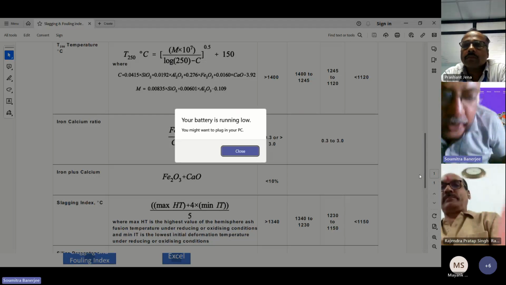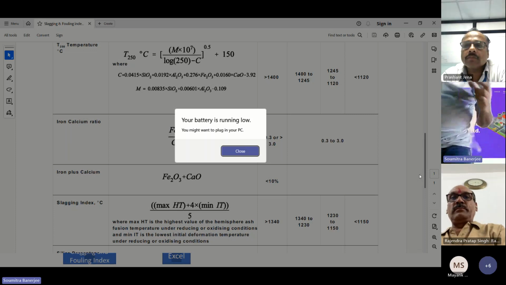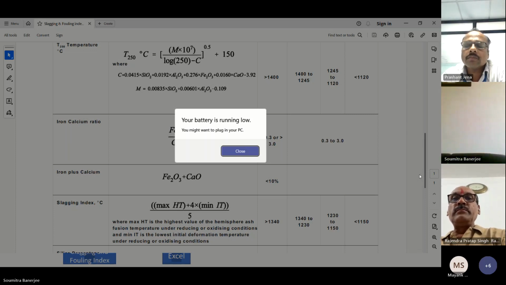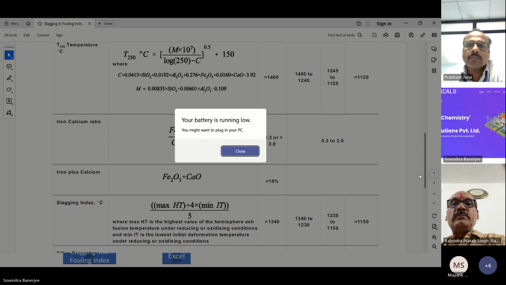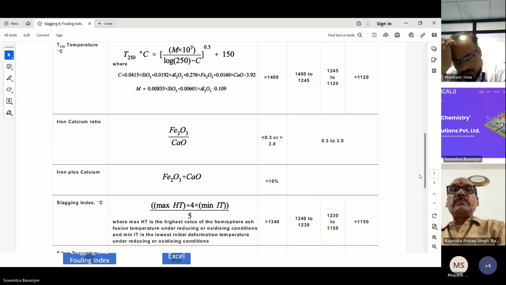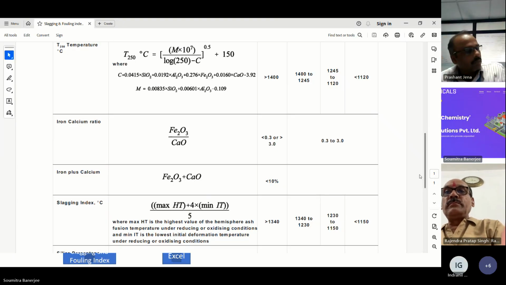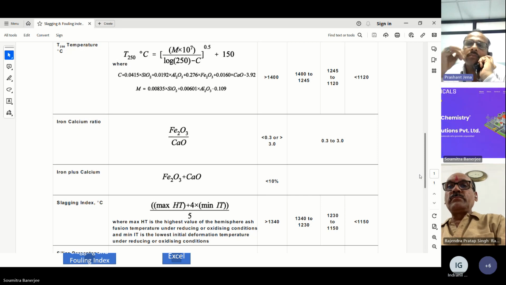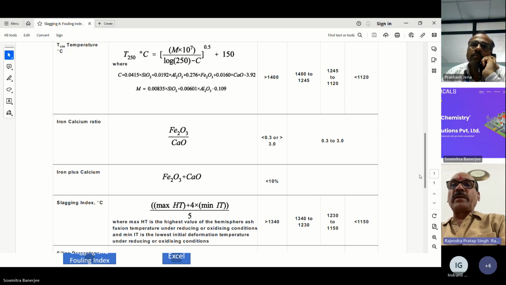My battery is low. I need to start it. Just hold on. Sir, are you running the plant with 100% imported coal? Yes, we are running.